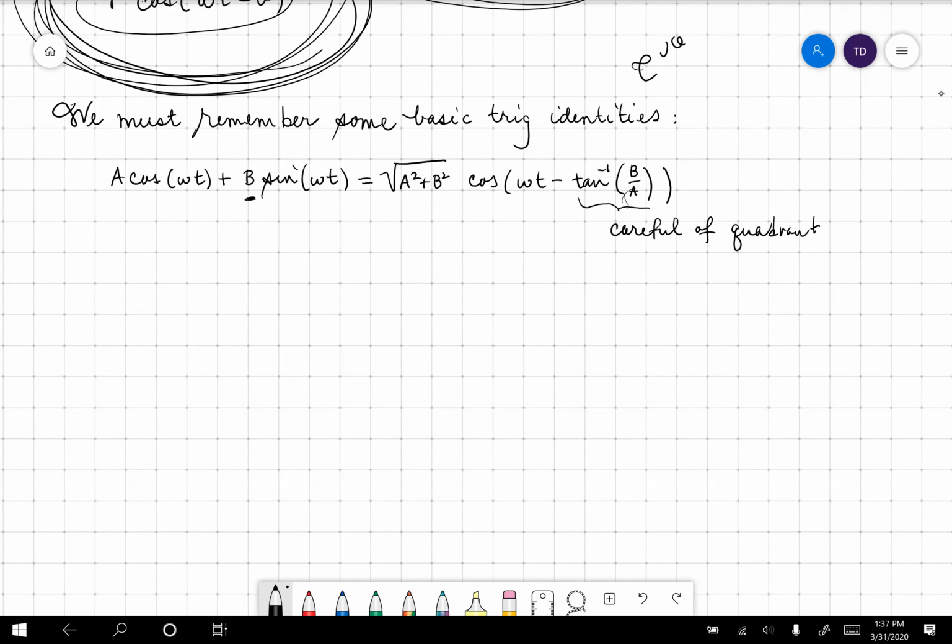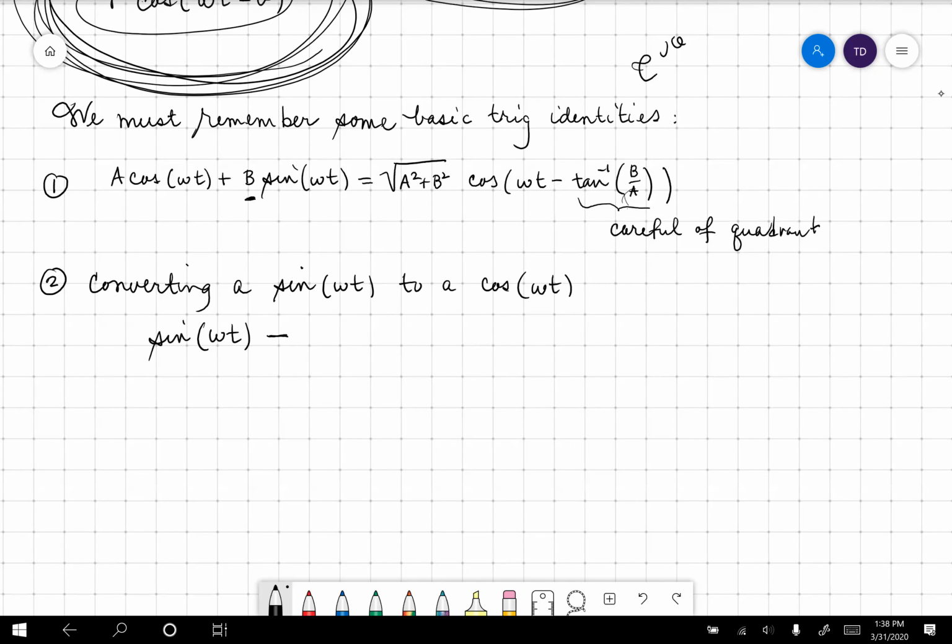Here are some others, and I'm going to give you the conversion formulas. So that's 1, 2. Converting, we will need to be able to do this: a sine, like sine of omega t, to a cosine. There are many mistakes made here. The sine and the cosine are just shifted from each other by 90 degrees. If I shift the cosine to the right by 90 degrees, I get a sine.